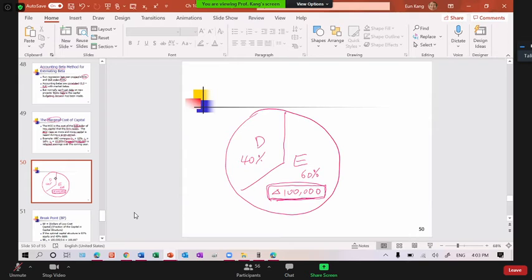Then debt has to go up to maintain this. If not, the debt weight will go down. Then the final question is, how much should debt go up to maintain the 60-40 balance? Anybody?